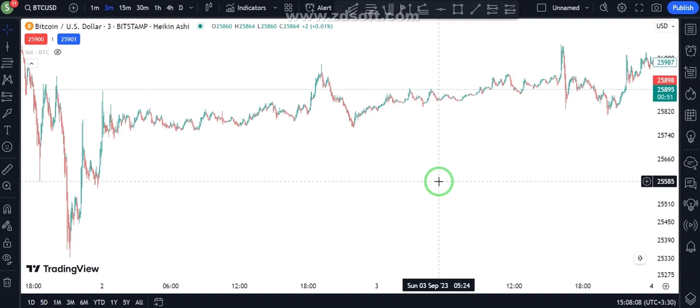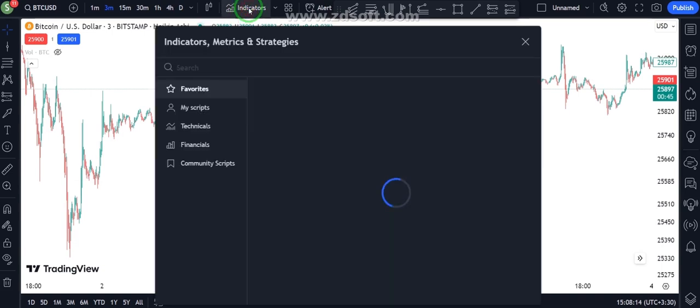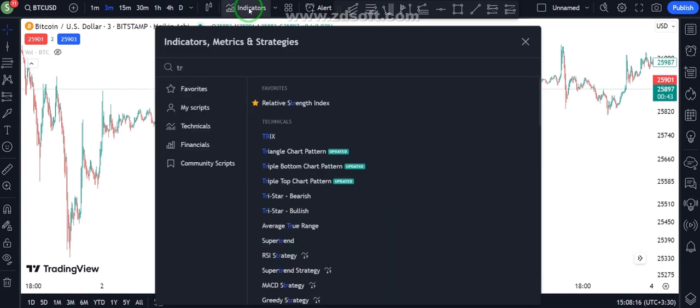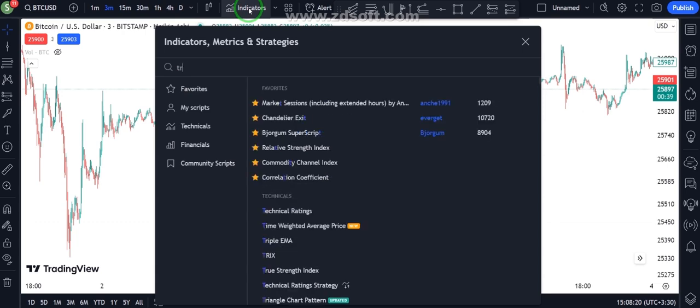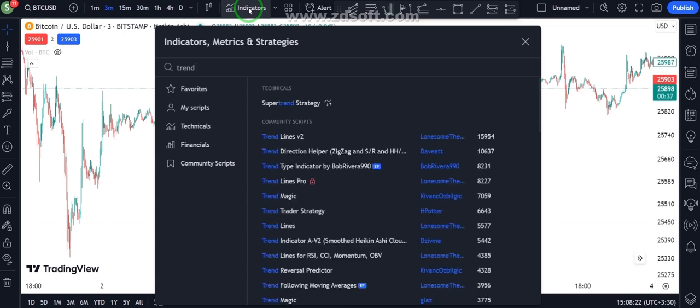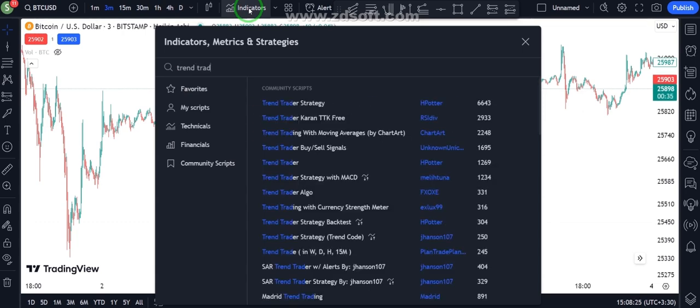Let's introduce the indicators used in this strategy. Search Trend Trade Strategy in the Indicator tab and put it on the chart.